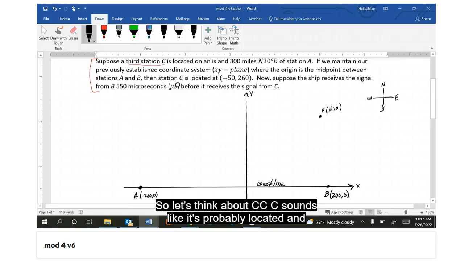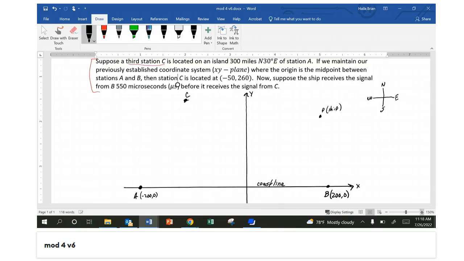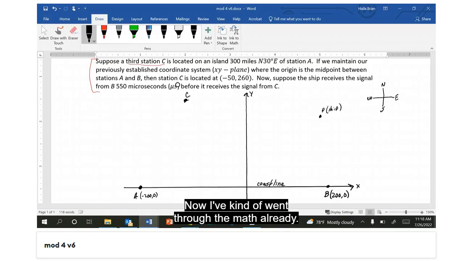Okay, so let's think about C. C sounds like it's probably located, and again, things may not be perfectly to scale, about right there.